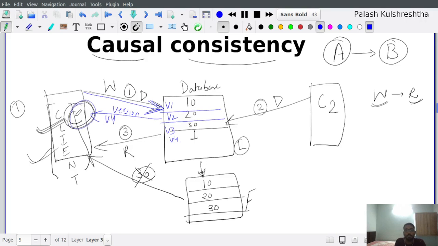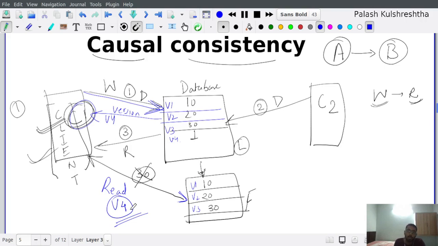Now when client C1 wants to read these values using the follower reads pattern, it will do a read query on the follower with read V4. Now the follower only has V1, V2 and V3. It only has data till V3, but it does not have data at V4 or at a later point of time.